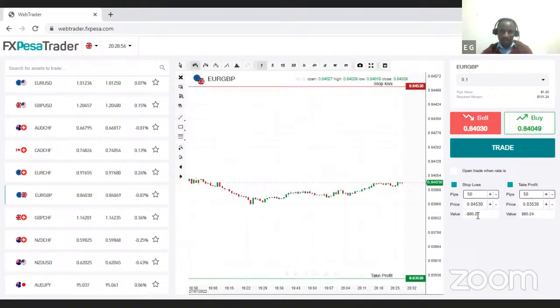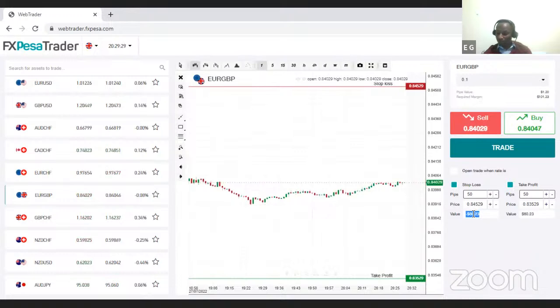When it comes to risk management, as a trader, you should look at it from the point of view of the risk per trade. If that trade is to eventually hit stop loss, how much money are you likely to lose? The FX Pesa platform makes it quite easy. Our risk per trade is the amount reflected as the value of loss on the stop loss side.